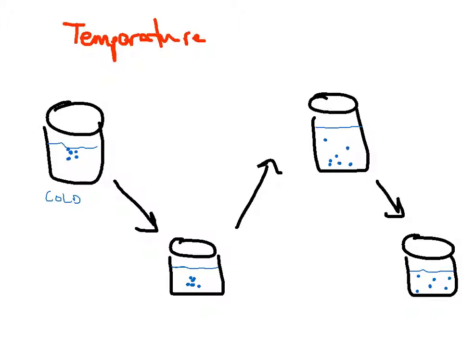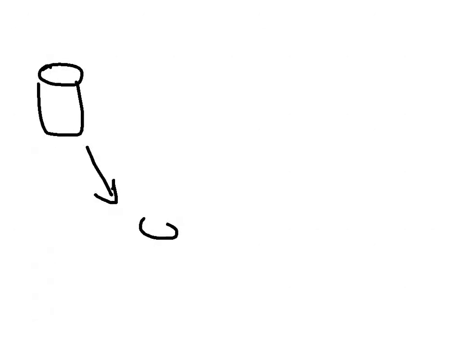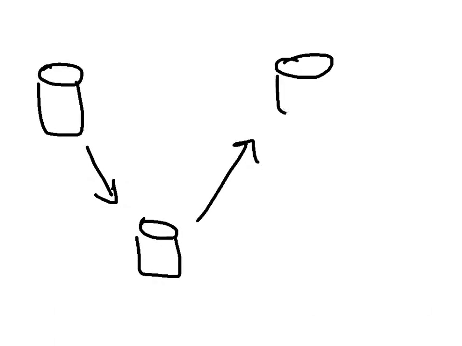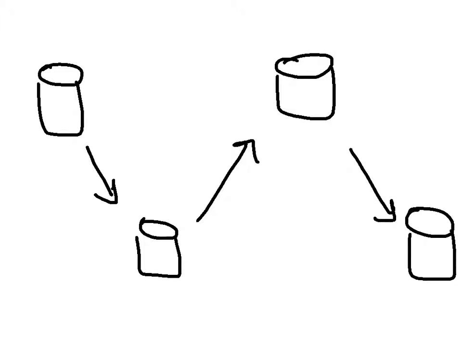So if we look at what happens with the effects of hot water, again, we'll do this in 4 steps. So we'll draw a couple beakers here. And because this is going to be hot, we will make these particles red.